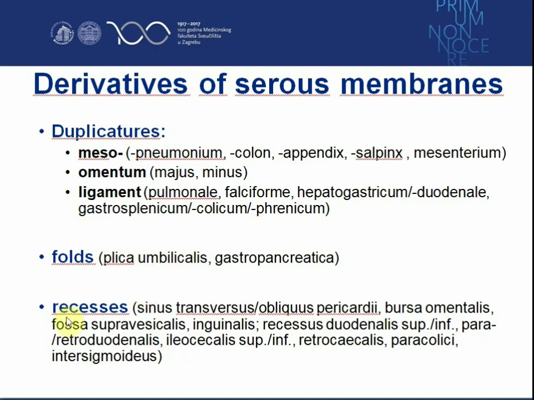Folding of the serous membrane within the corresponding cavity also leads to the formation of depressions or sacs of various depths and size. Examples of such depressions are many. For instance, the pericardial sinuses or numerous sacs of the abdominal cavity, which are named differently, like recesses, fossa, bursa, and the like.